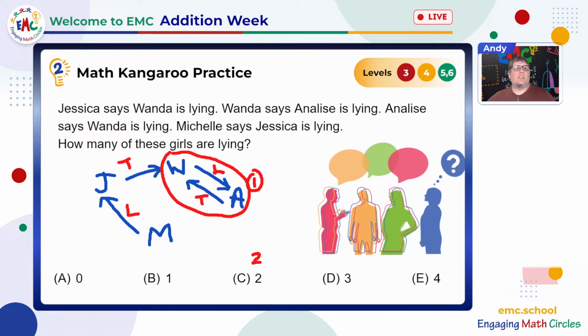What if I change it up? What if Wanda, case 2, Wanda's telling the truth? Then Annalise is lying.